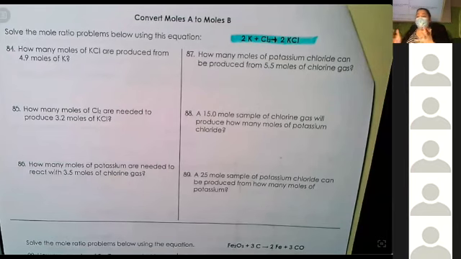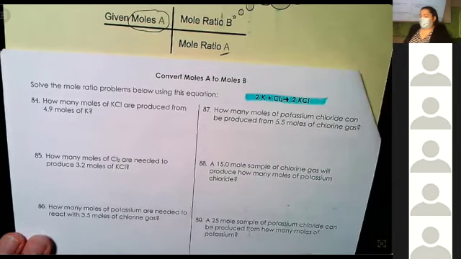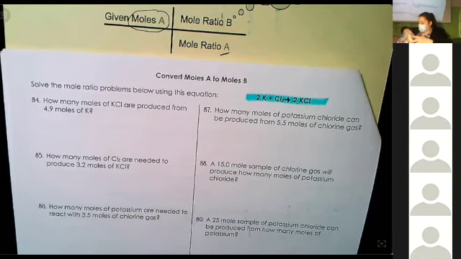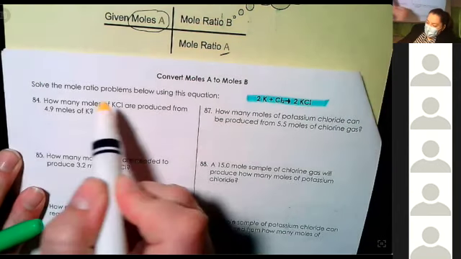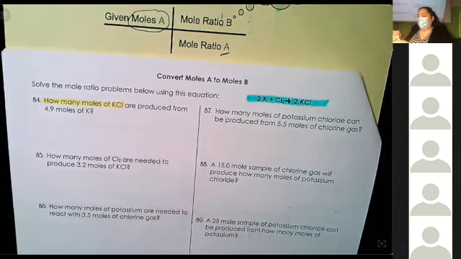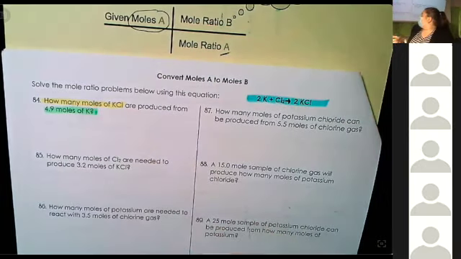All right, so let's set this up using our little template. In fact, I'm going to color code because you know I love to do that. So how many moles of KCl, that's what we want to find, are produced from 4.9 moles of K?